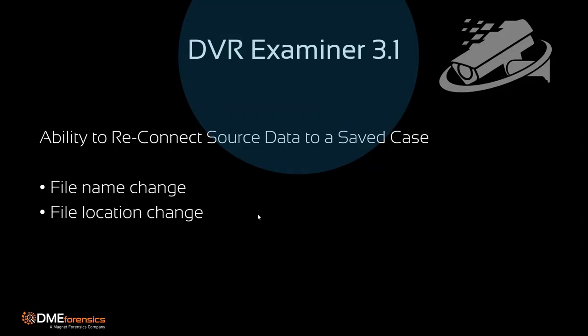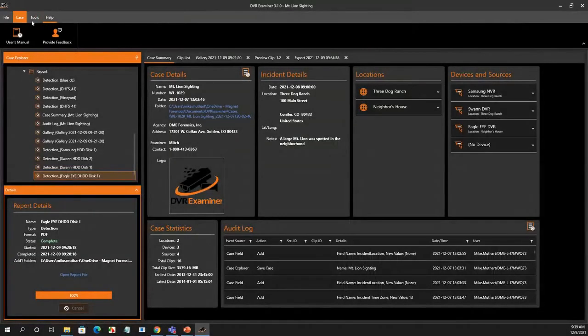You couldn't do anything with it. So with this version, we've now given you the ability to browse and reconnect that source data. And I'll quickly show you how to do that. It's a pretty neat feature.